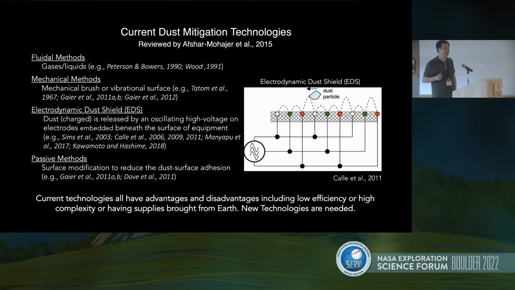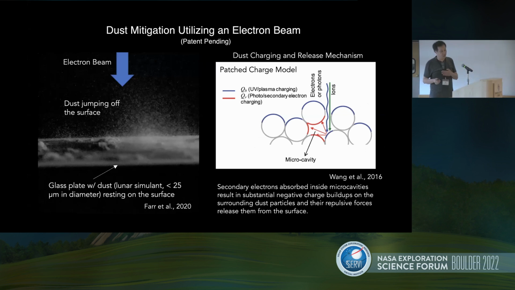Thanks again. The previous speaker has shown this image on the left, but this one is better. It's a movie. You can see when we blast dust on a glass surface, the dust jumps off like crazy. So we can zap away dust by exposing it to an electron beam. The physics behind this we learned from our study of natural electrostatic charging and lofting.